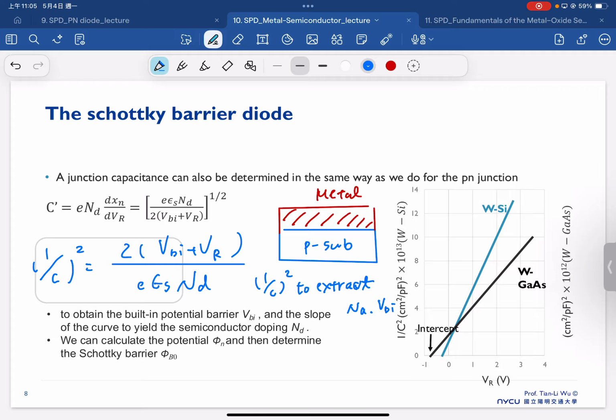Sorry, it should be N_D. So to obtain the built-in potential barrier VBI, we can use this way, and the slope will also yield the semiconductor doping N_D here.